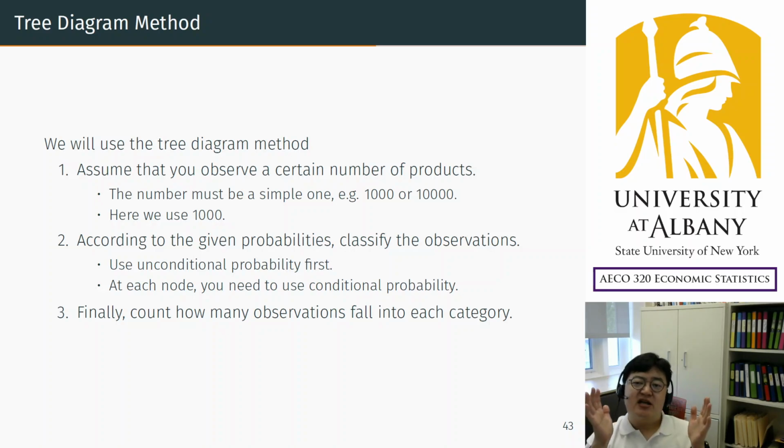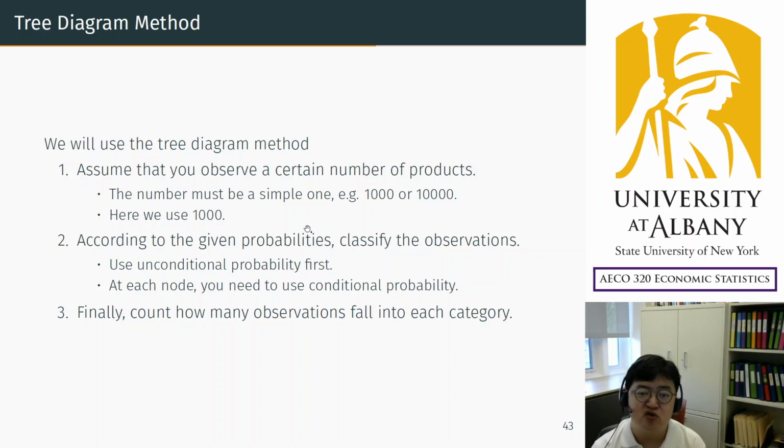So you imagine the real inspection situation. I'm going to imagine that in front of you there are a lot of batteries. Say, fix the number. Suppose that you have 1,000 batteries, or you can imagine a million or billion batteries. But just to simplify the algebra, I'm going to use 1,000.